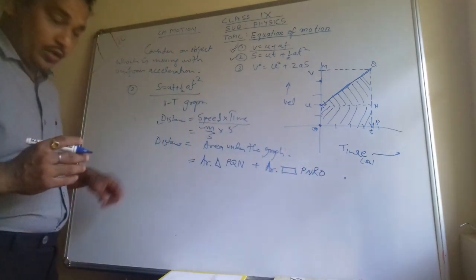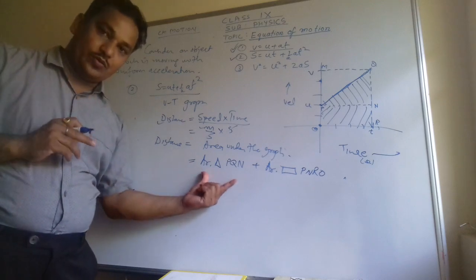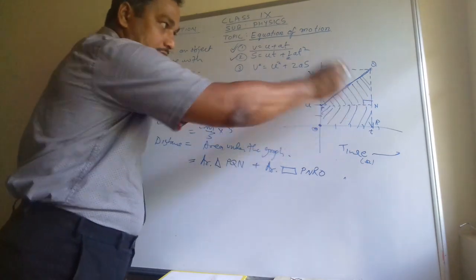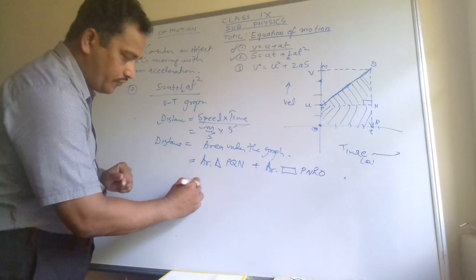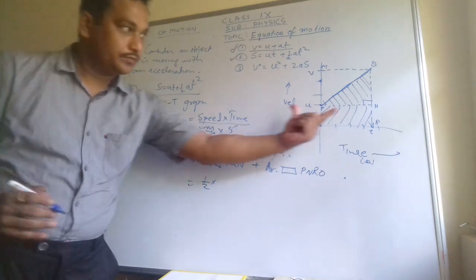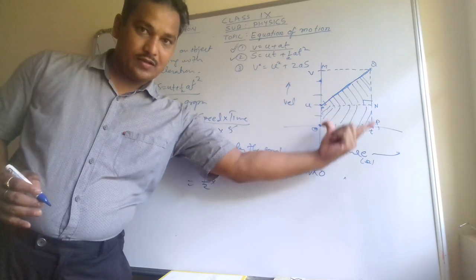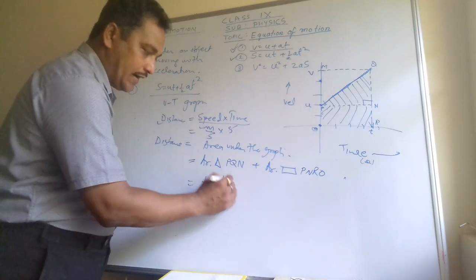Okay. Now we will put the values. How much is the area of the triangle? You have done in mathematics for this right triangle, here is the 90 degree, it is equal to half into base into height. So half into base. Base is how much? TN. TN is what? This time taken. So this will be equal to T. Base into height.